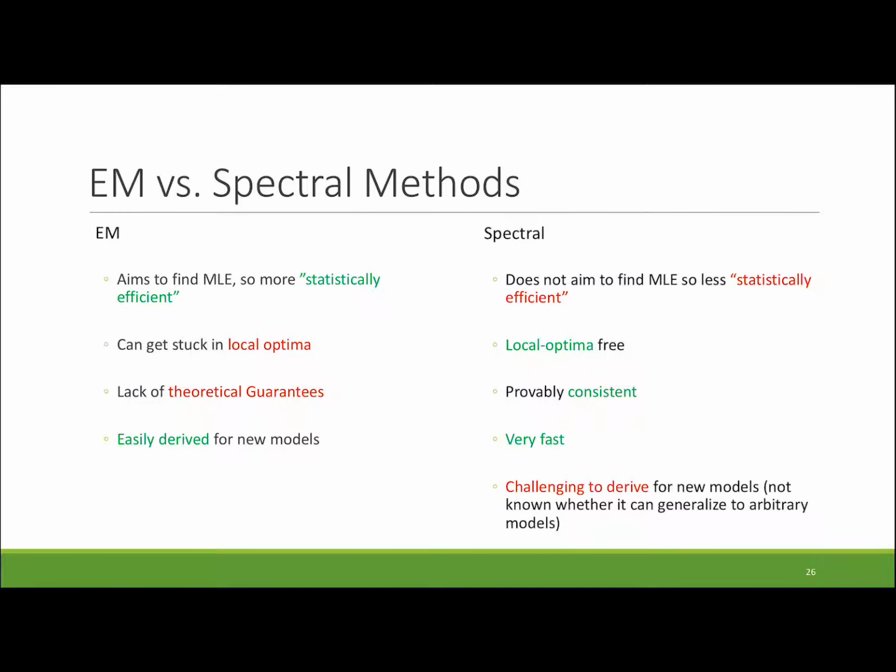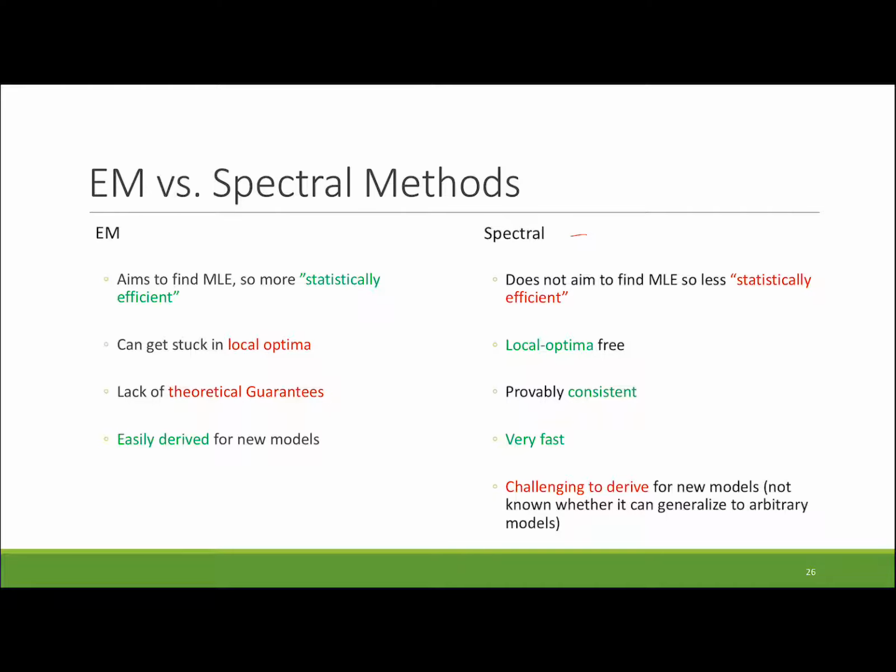In order to have a better comparison, EM aims to find the MLE, so it is more statistically efficient, whereas spectral methods do not aim to find the MLE, so they're less statistically efficient. But EM can get stuck in local optima, like we said, and spectral methods are local optima free.